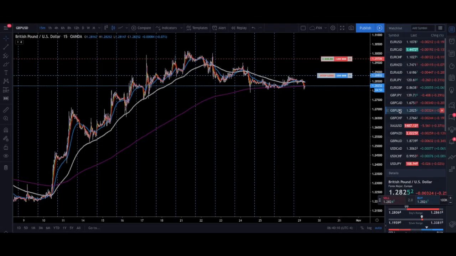All right, guys. So when we talk about swing trading, what are we talking about? We're talking about essentially trying to take a trade on a higher time frame and try to hold it as long as possible, whether it be a couple of days, a week or so, a week and a half, I don't know, however long we can hold it.